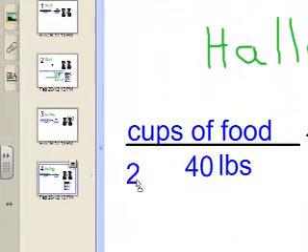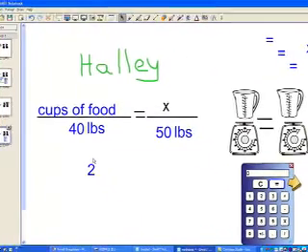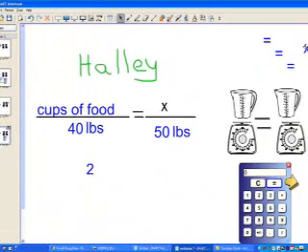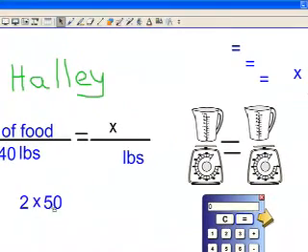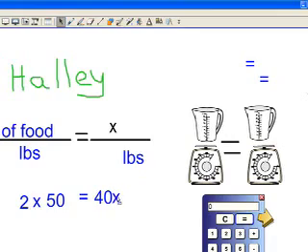So we're going to take our 2 and multiply that times 50. That's going to be equal to 40 times x.